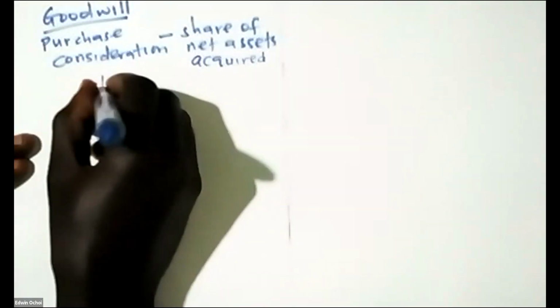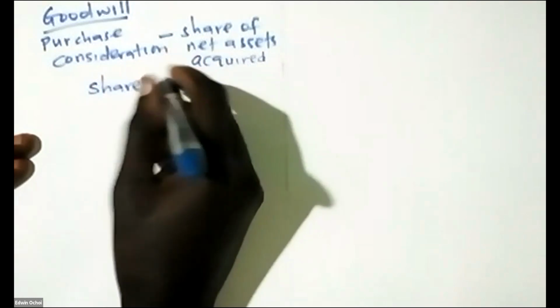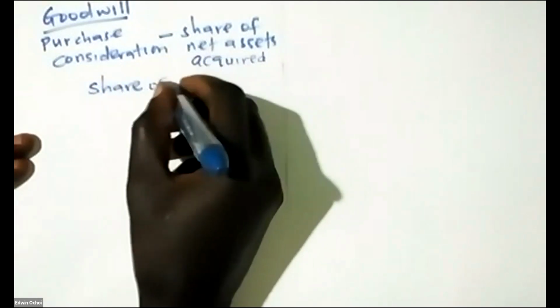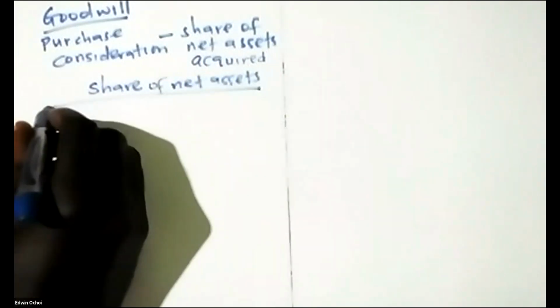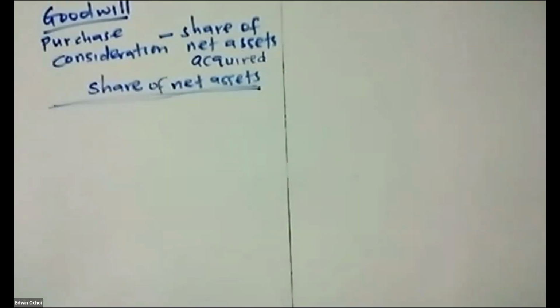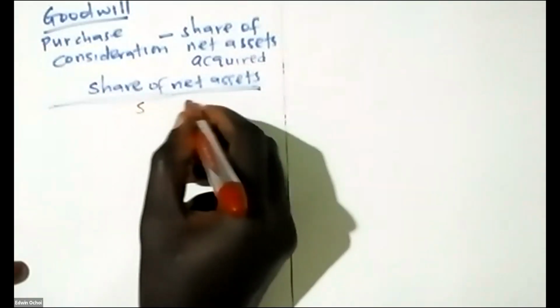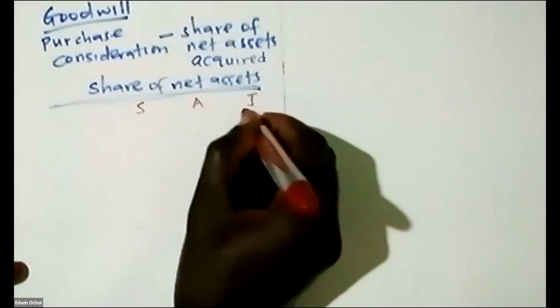So to make it very simple, I will start with the share of net assets. I want to make it simpler. So this is our working I will start with. Then I will do goodwill later. So I need to get the net assets, block figures. So I need to get the block figures of S, A, and J.